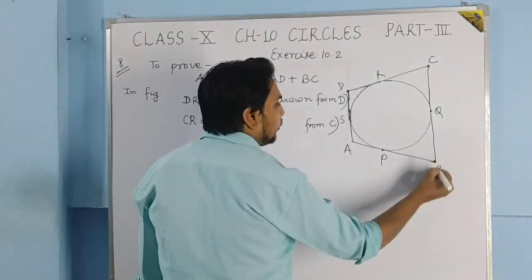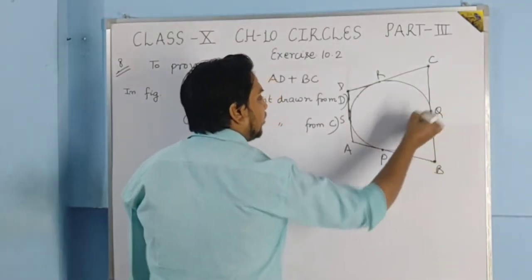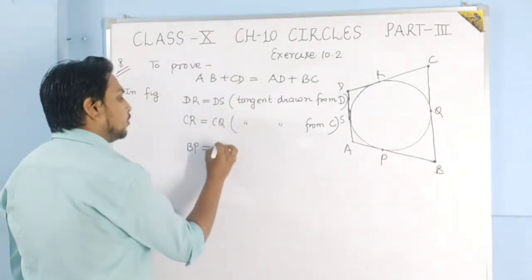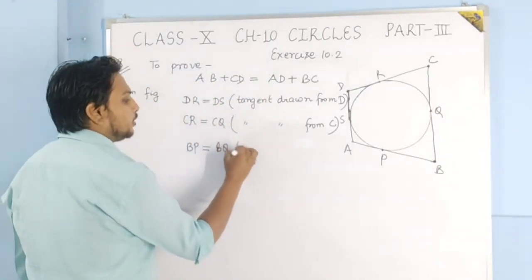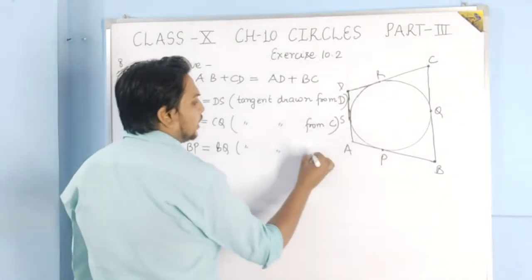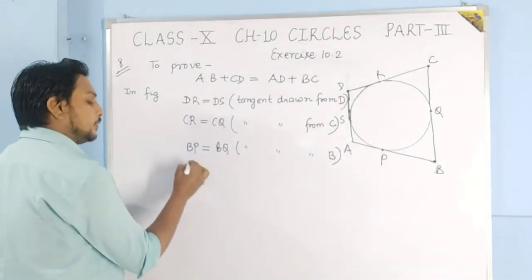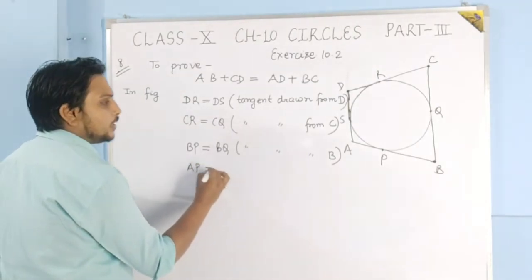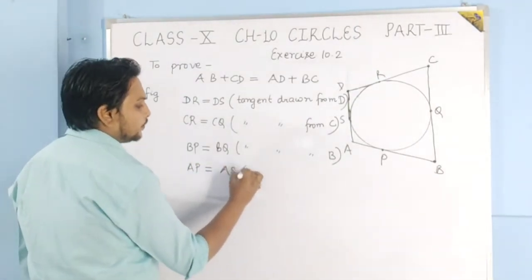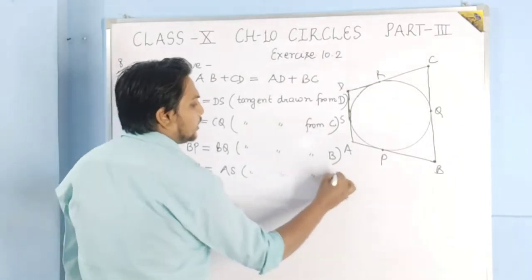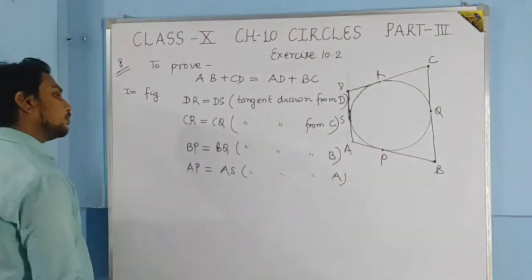B is also an external point, so the length of BP will be equal to BQ. The reason is the same, tangent drawn from B. And the last one, AP is equal to AS. The reason is the same, tangent drawn from point A.